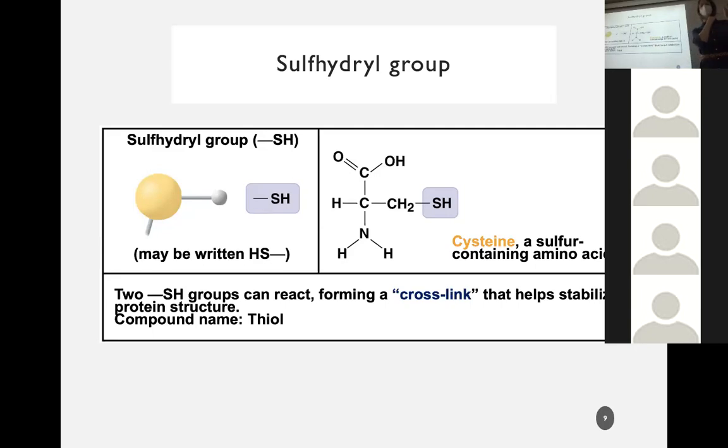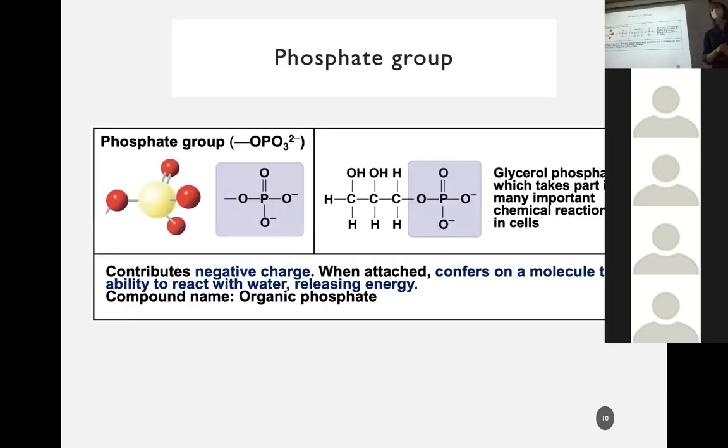We don't come across that one all that much. It is in some amino acids, but this isn't all that common. Phosphate. Phosphate we'll talk about a lot throughout the semester. So familiarize yourself with the phosphate group.